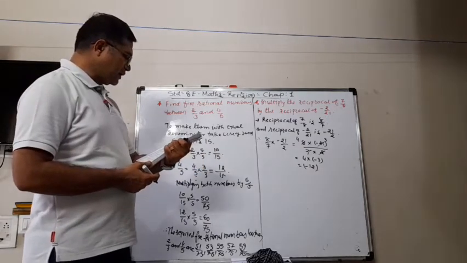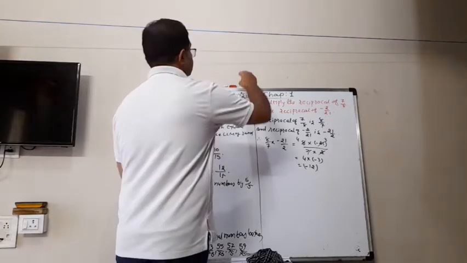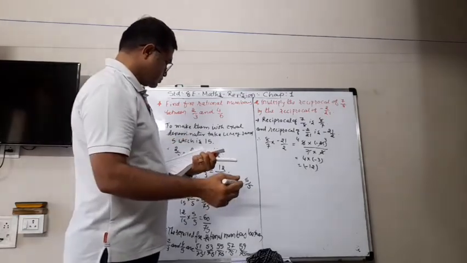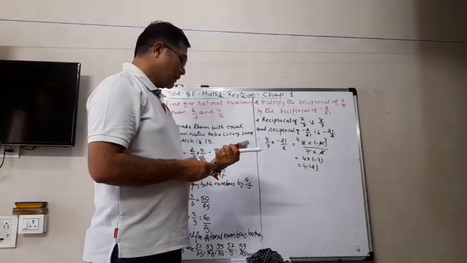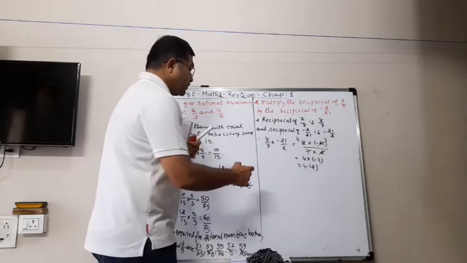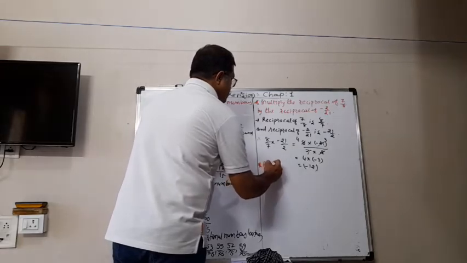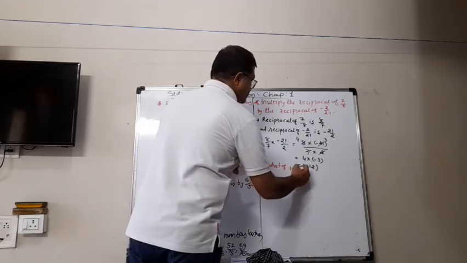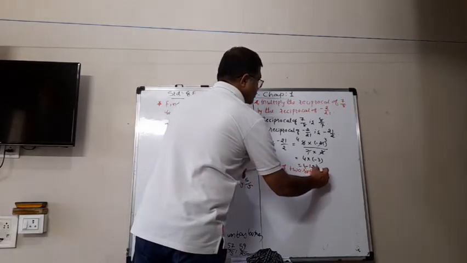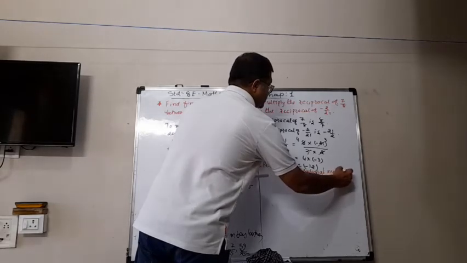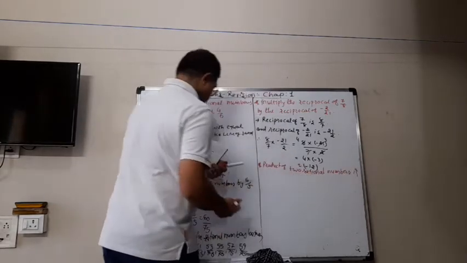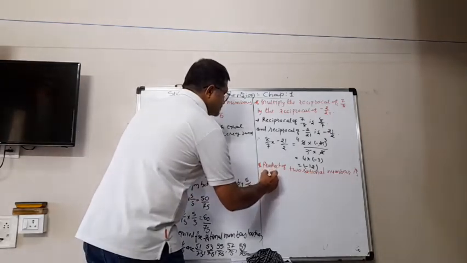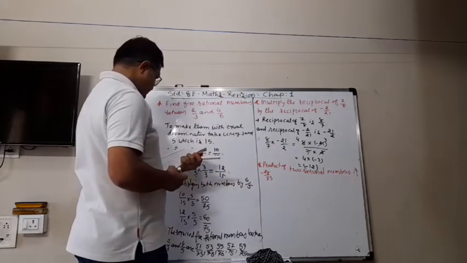Let's take another like that. The product of two rational numbers is minus 28 upon 75.